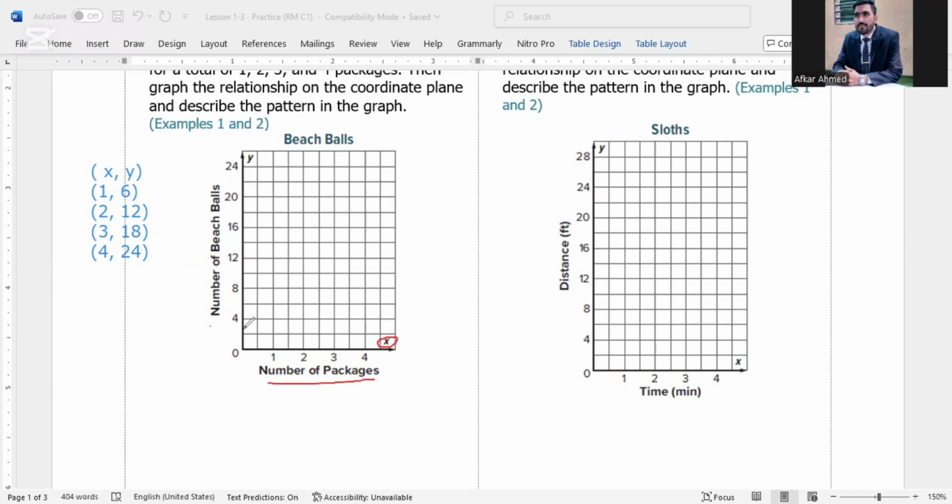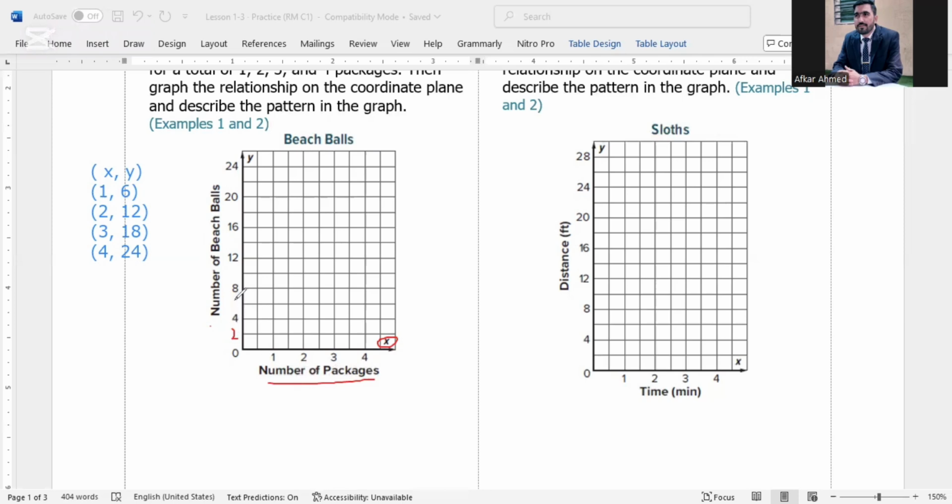So before starting the graph, it will be good if we write the missing points along the y-axis. Between 0 and 4, what is the number? If we divide it in half, between 0 and 4 will be the number 2. Because this will help us to make the points on the graph. Along the x-axis there is no problem, 1 2 3 4 is given, but here some points are not given.